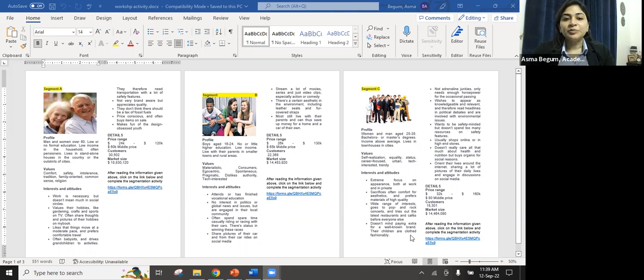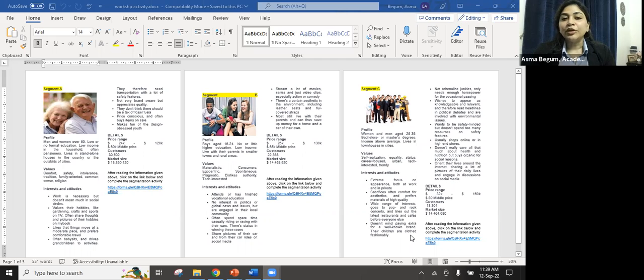For this purpose, let's assume that we are working for Toyota car manufacturing company, and you are working as an assistant marketing manager, and I'm your marketing manager. So you have to help me in deciding which segment we will focus on, whom we will target, what kind of offering we will have, how we will price it, promote it, and position ourselves.